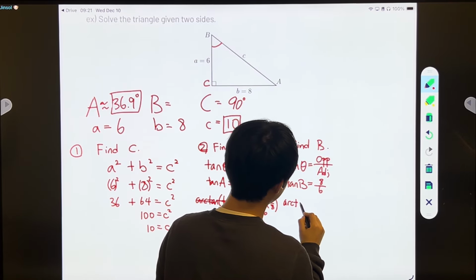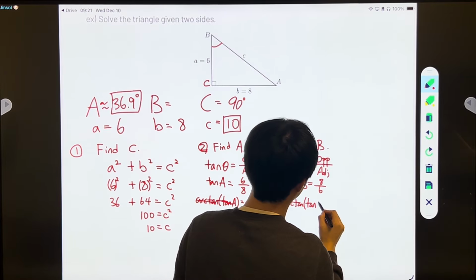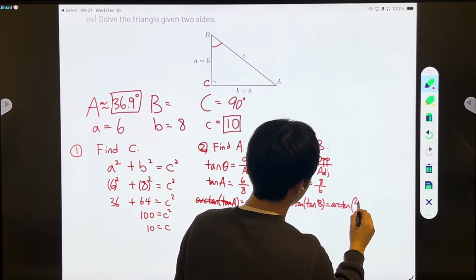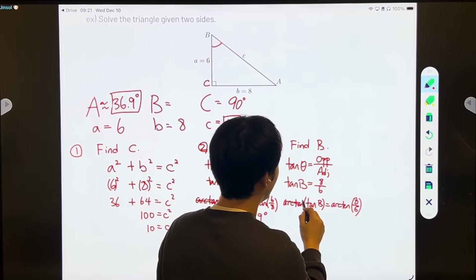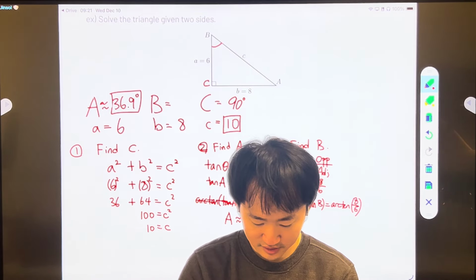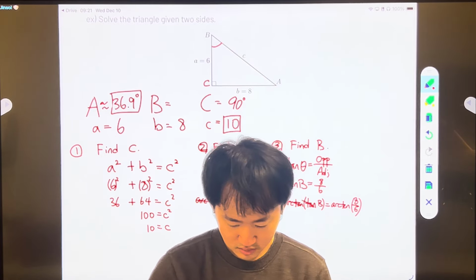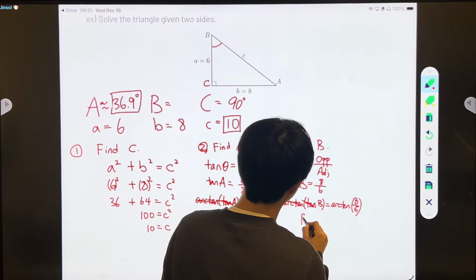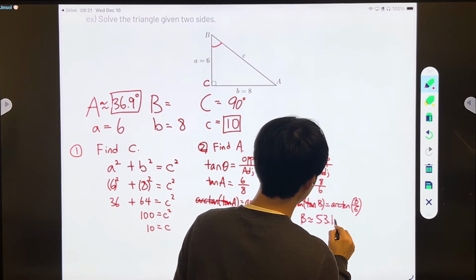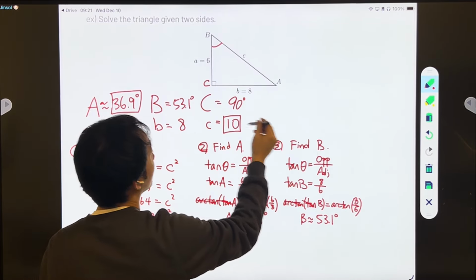So let's do arctan on both sides. So arctan and tangent will cancel out. And if I do the arctan of 8 over 6, B is approximately 53.1 degrees.